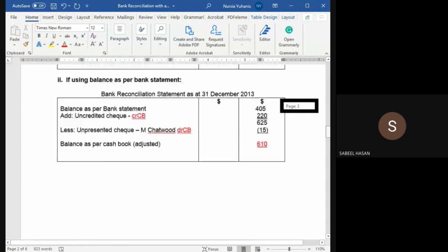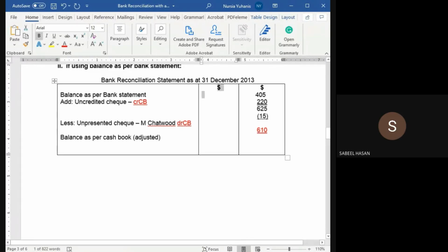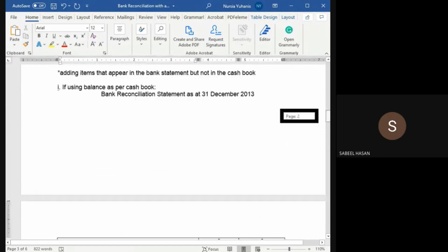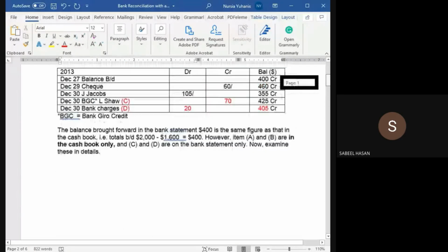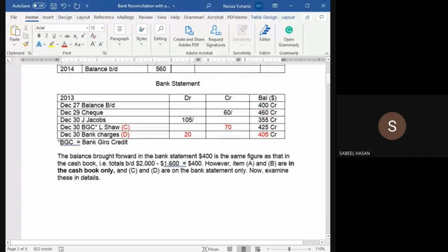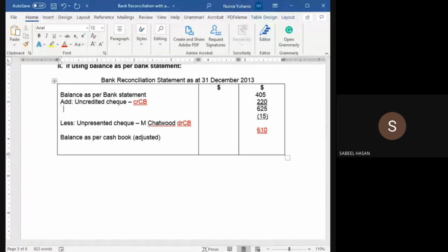Let's say if you don't want to prepare the adjusted cash book, so how? Here you just add one more item. What is the item to be added here? You refer to the credit side of the bank statement. The credit side of the bank statement is BGC, Bank Giro Credit.